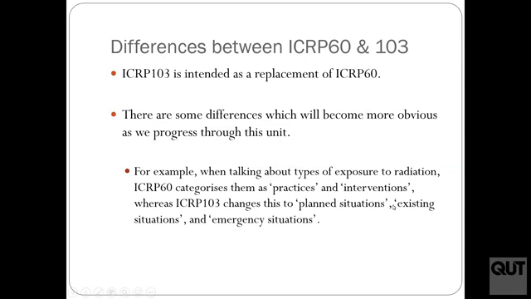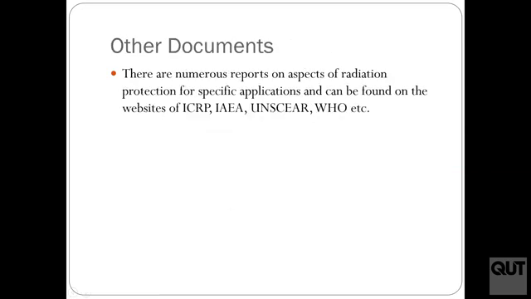So there's a bit of a change in how things are categorised, but generally the way things are done is fairly consistent. There are other documents on radiation protection, and these can be found on the websites of the organisations. So that's a quick introduction of where we're going to be going from in this unit, and stay tuned for upcoming presentations.